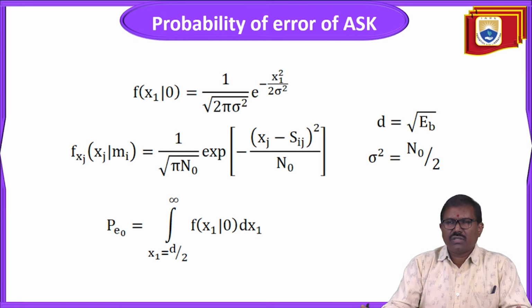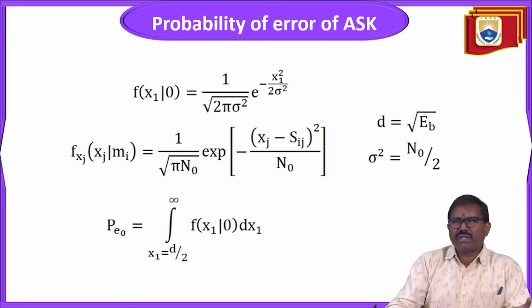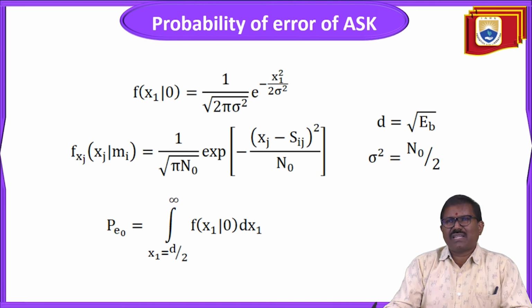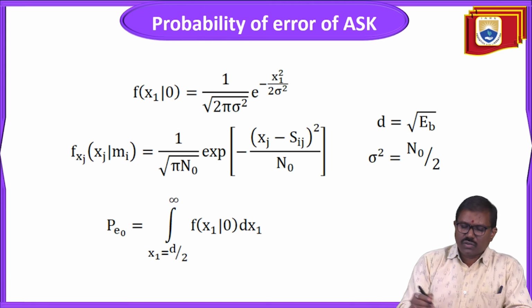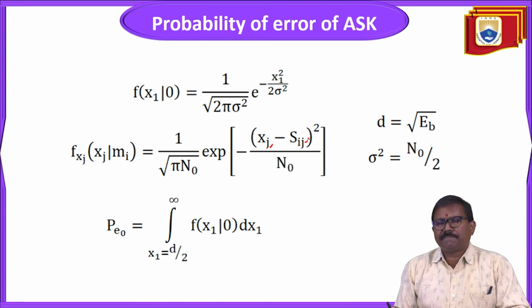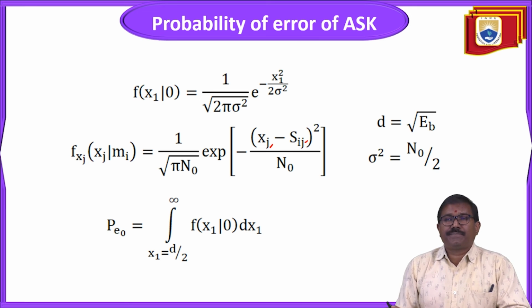So don't confuse. When you substitute sigma square, N0 by 2 goes to square root of pi N0 as usual, exponential of minus xj minus sij whole square. This is related to the basis function and this to the signal vector.